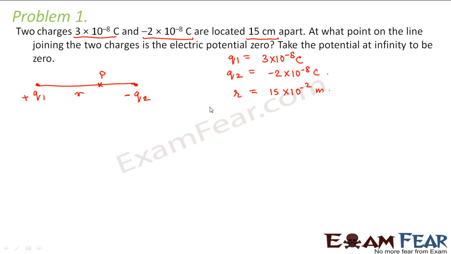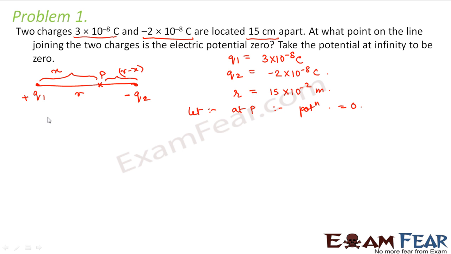And we are assuming that at point P potential is equal to 0. And we assume that this point P is located at some distance x from Q1. This also we have assumed. So if this distance is x, what would be this distance? It would be nothing but R minus x.